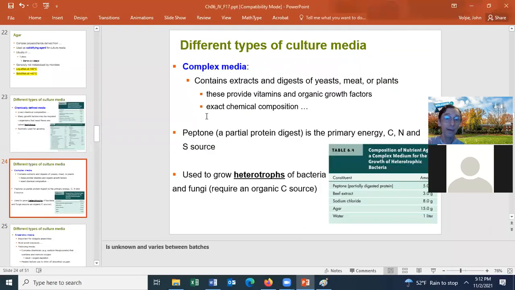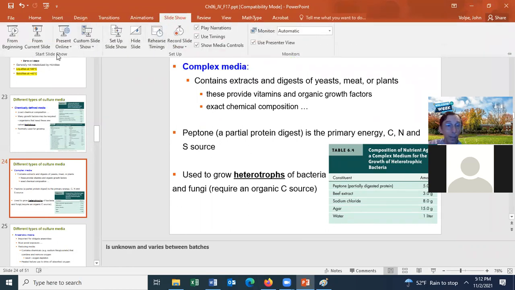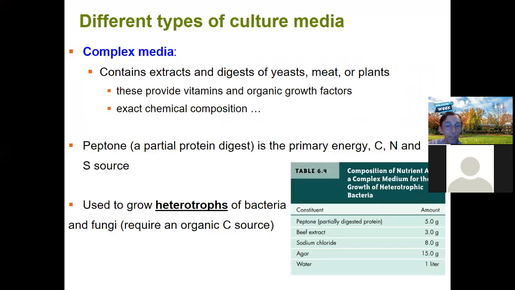It contains extracts and digests of yeast, meat, or plants. And these digests provide vitamins and organic growth factors. The exact chemical composition of a complex media is not known because, like for this media here, which is a chemically complex media, we're adding beef extract.